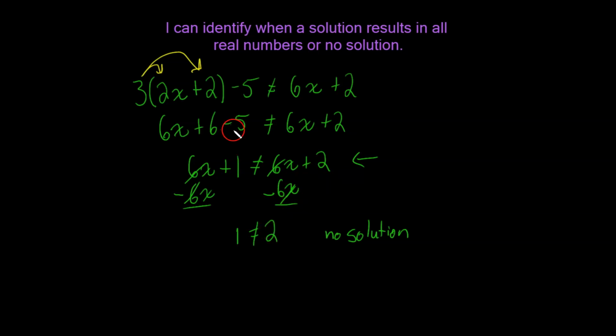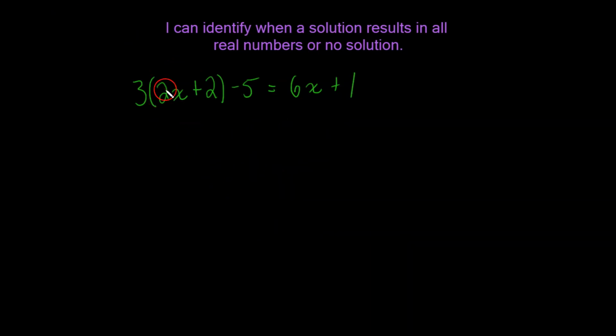So now let's change this problem just slightly, and we're going to get a completely different result. Now we've got 3 times the quantity 2x plus 2 minus 5 equals 6x plus 1. Again, we need to distribute right away. That's going to give us 6x plus 6 minus 5 equals 6x plus 1. Now on the left side we need to combine like terms.